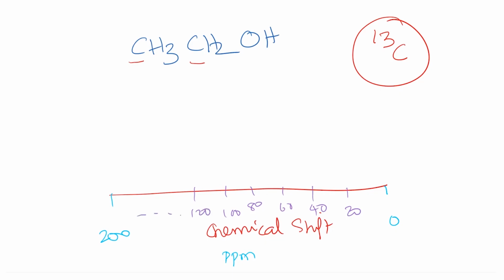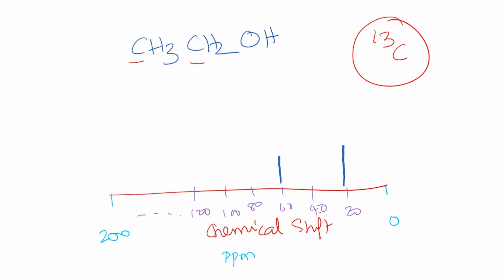Okay. So, if I record the NMR spectrum of this compound, then you see a peak around 20 ppm. Okay. So, this is one peak that you see, and the second peak you see is around 60 ppm.